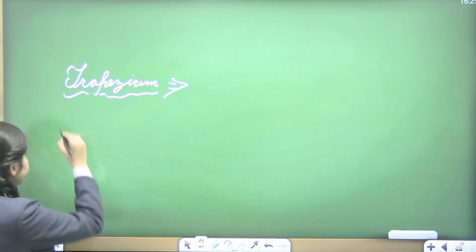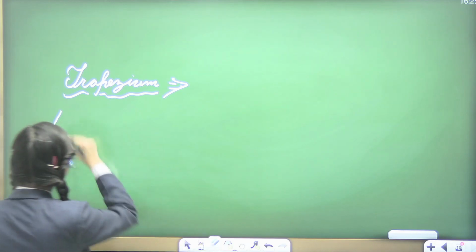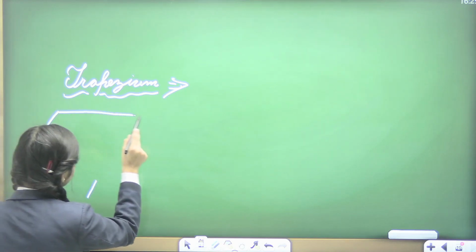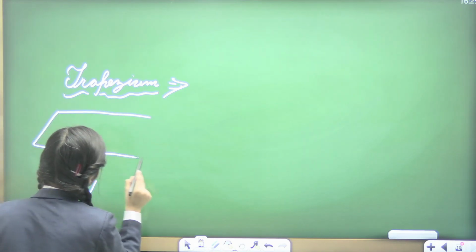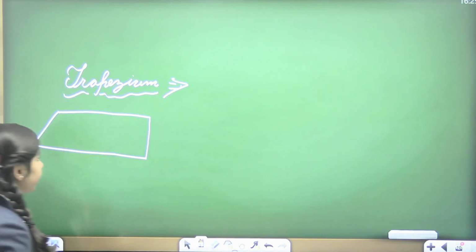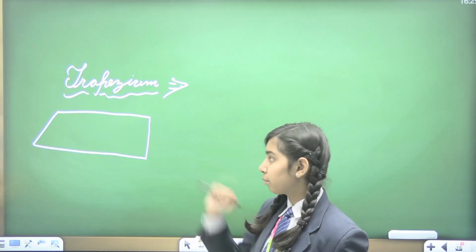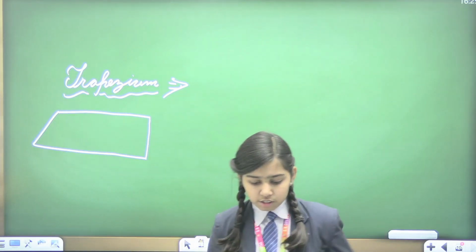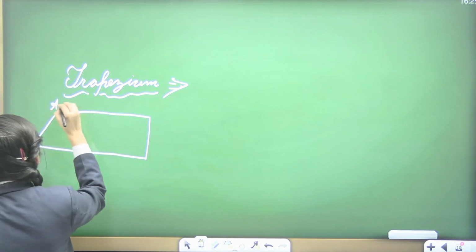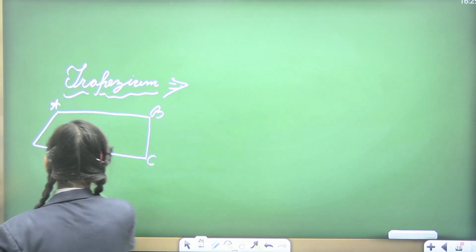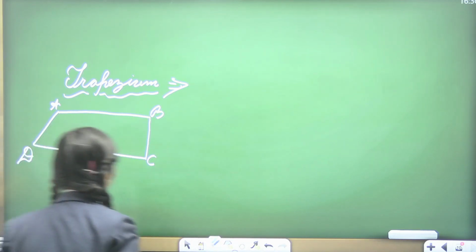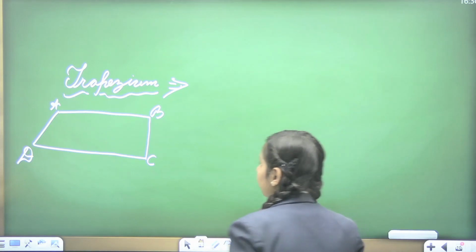A trapezium looks like this. It has one pair of opposite sides parallel. So we'll just name it. As I said, I'm not used to it, so I'm just pressing it.